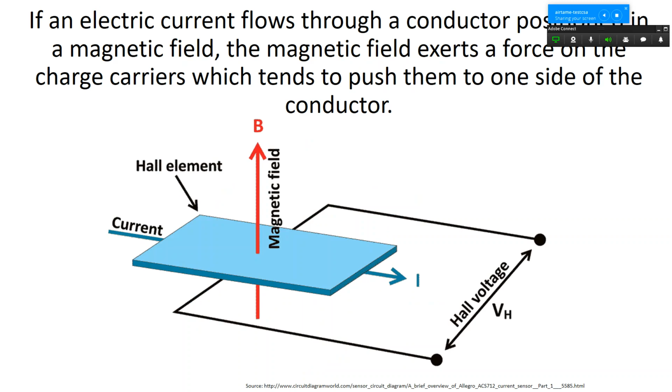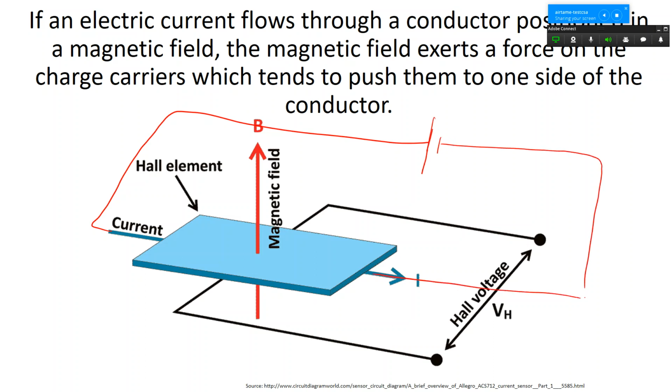So what I have here is a circuit. There it is, that's the positive end, and there's a negative end. Forget about the black part for now. Think of it as a very simple circuit.